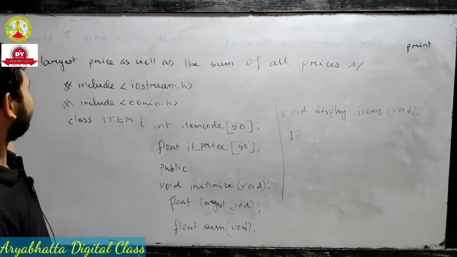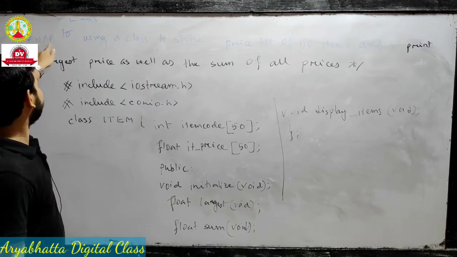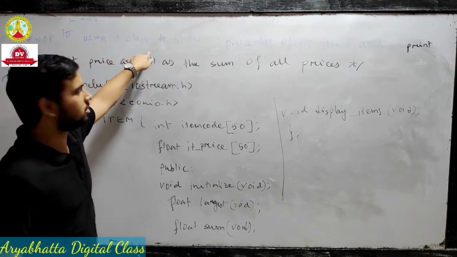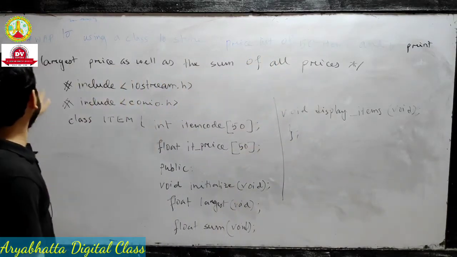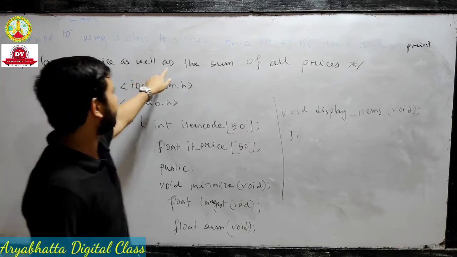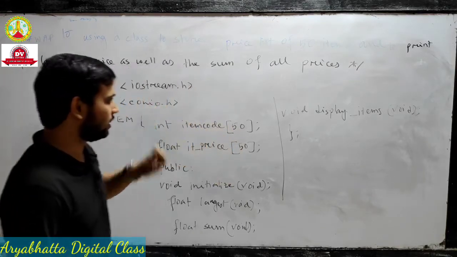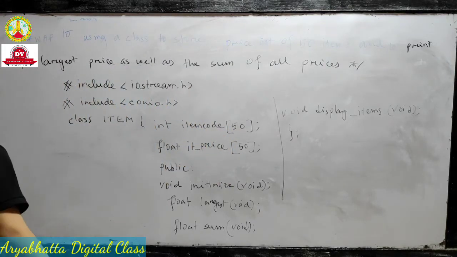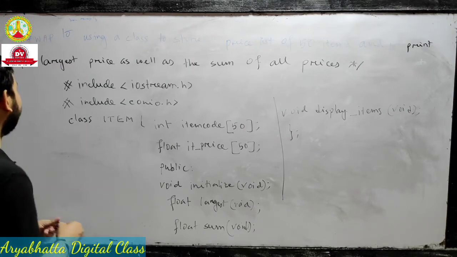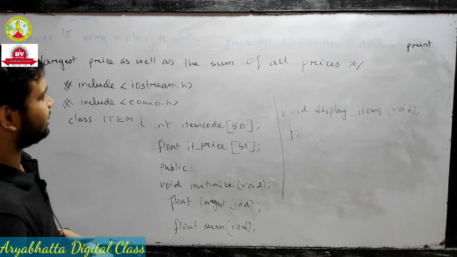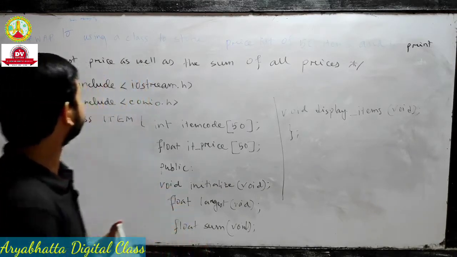Okay, this is a program. See, write a program using a class to store the price list of 50 items and to print the largest price as well as the sum of all prices. Okay, what is our objective? Our objective is we have to store the price list of 50 items.